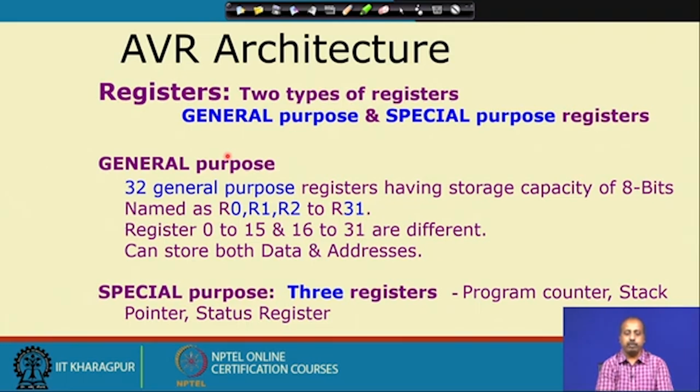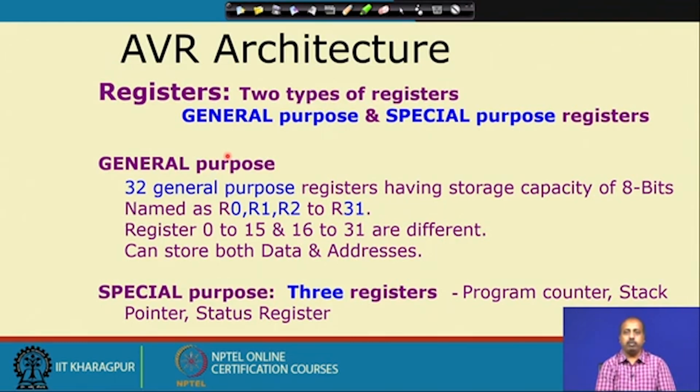So, these are 32 general purpose registers, and register R0 to R15 and R16 to R31 are as if two different banks. They can store both data and addresses, unlike other categories where all the registers are not equally capable.